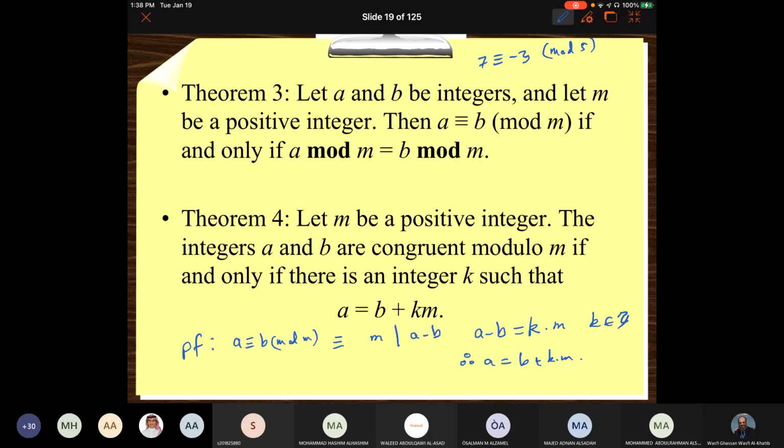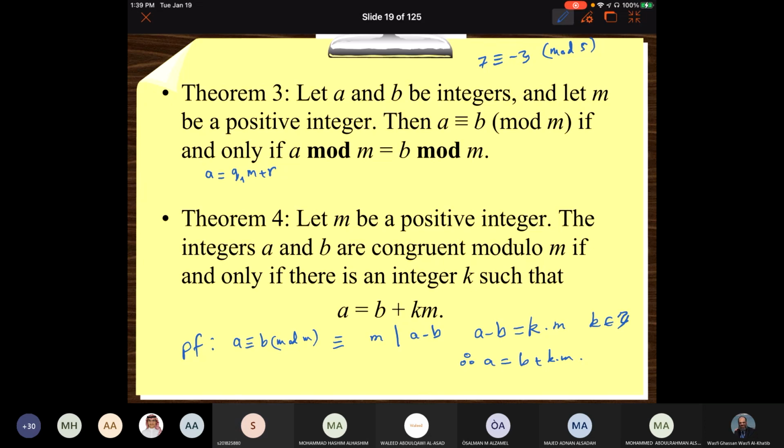Okay. Now, what do we know if a mod m is equal to b mod m? From the division algorithm, a mod m is what? r, right? So when I put here a mod m is equal to r, a is equal to q1 m plus r, right? Right.